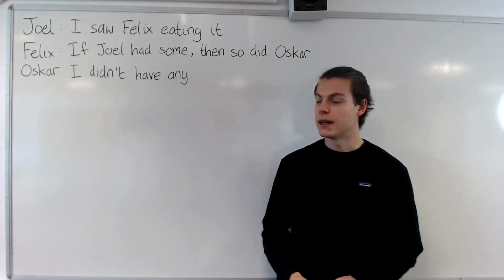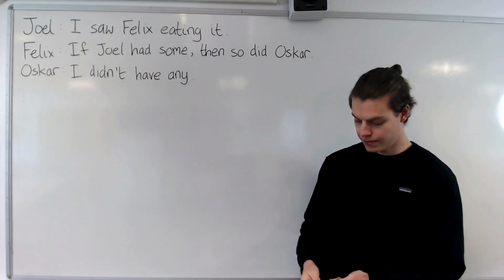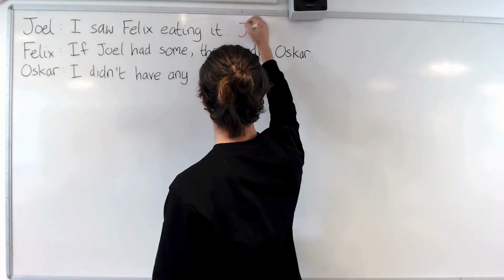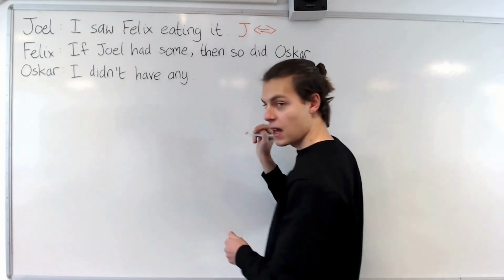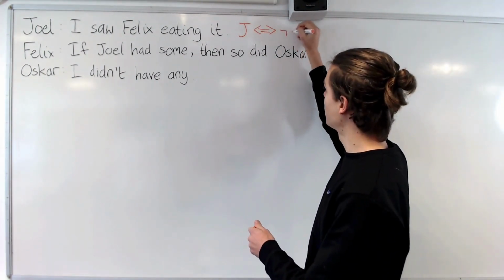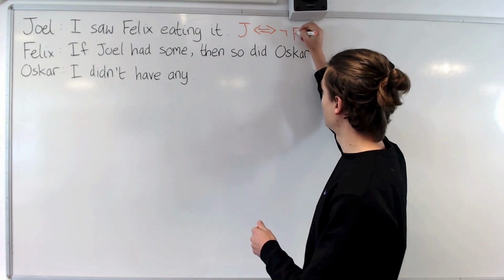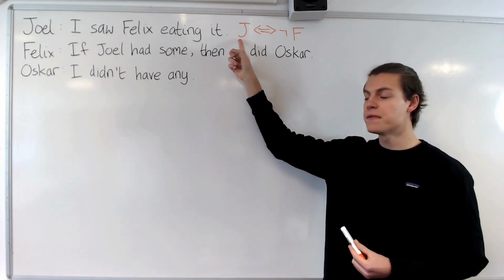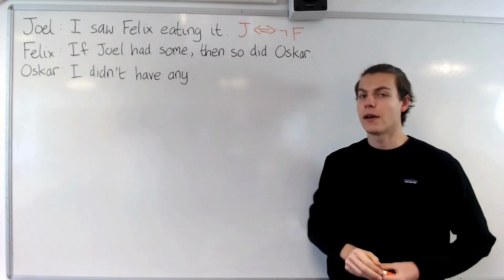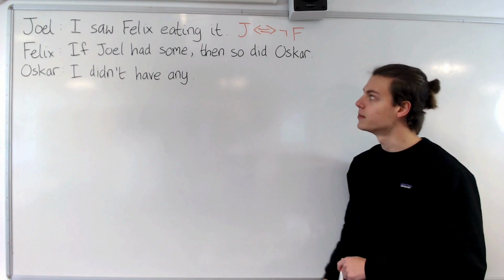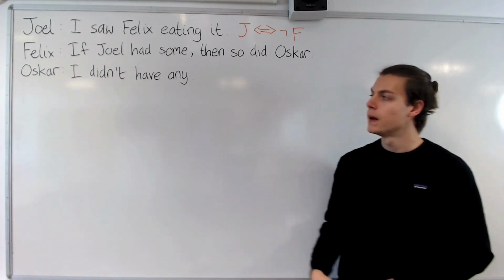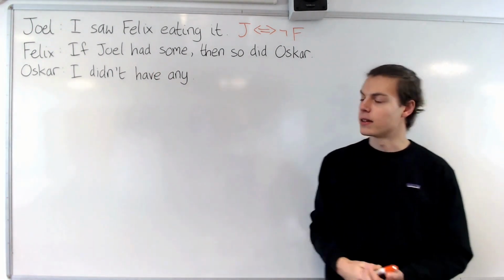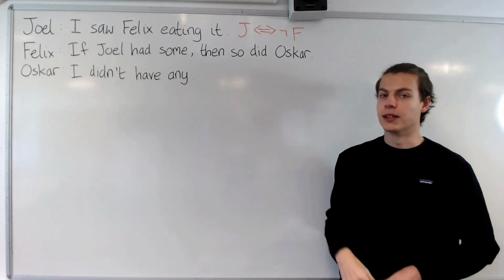So we can write this in formal propositional logic by writing J if and only if not F, right? Joel is innocent if and only if Felix is not innocent, right? Now Felix's statement is, if Joel had some, then so did Oscar.